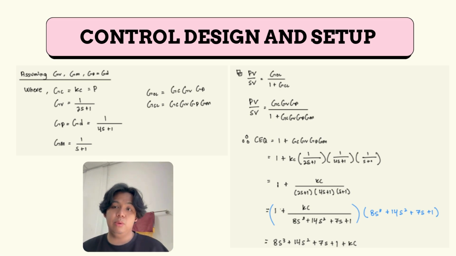Multiplying out the denominator, we get the characteristic equation as shown in the slide. This final characteristic equation is key because its roots determine system stability. I later use it to find the ultimate gain and ultimate period for tuning the controller.